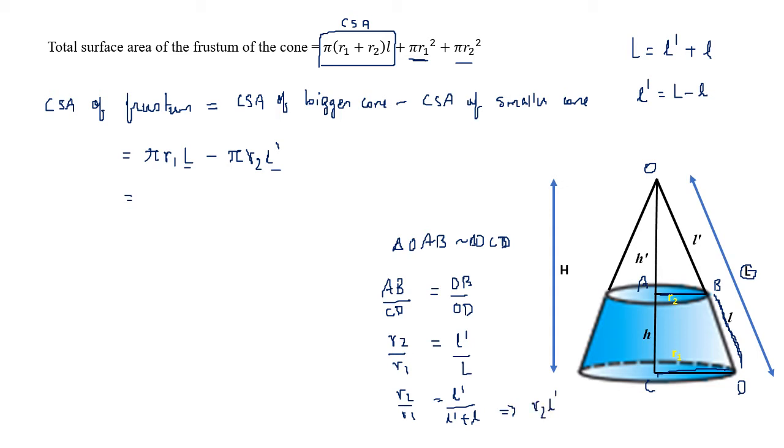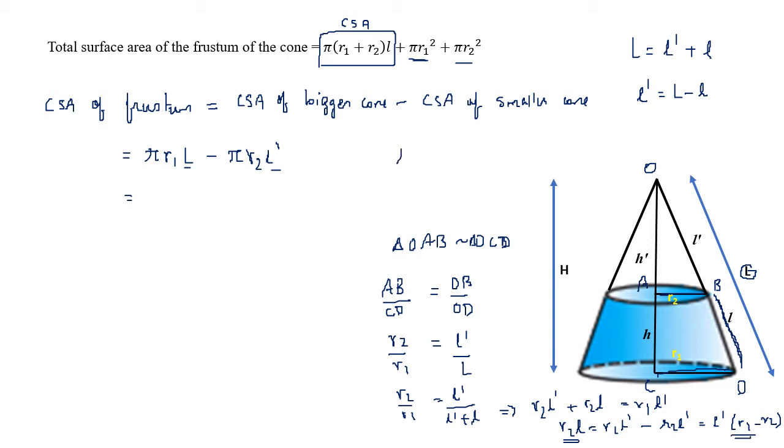R2 L prime plus R2 L equal to R1 L prime, or R2 L equal to R1 L prime minus R2 L prime. Taking out common, we get L prime into bracket R1 minus R2. So you got R2 L equal to L prime into R1 minus R2.